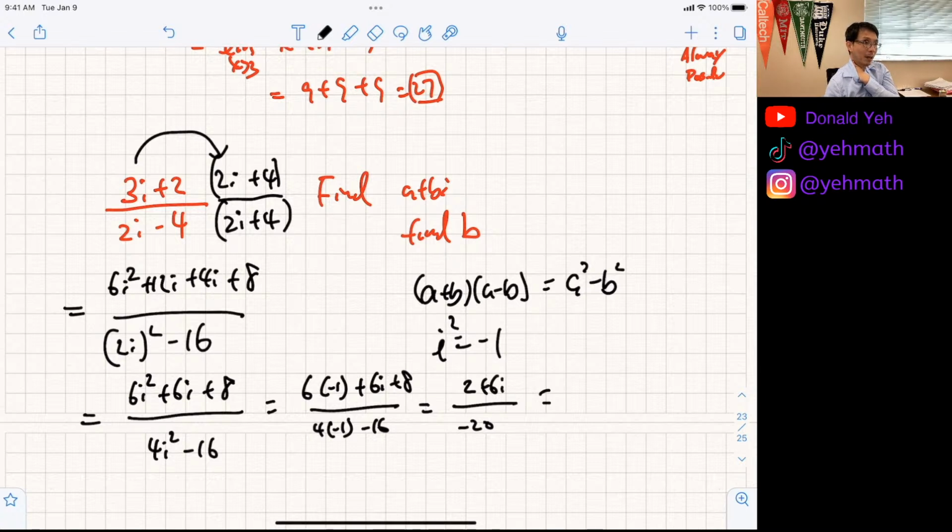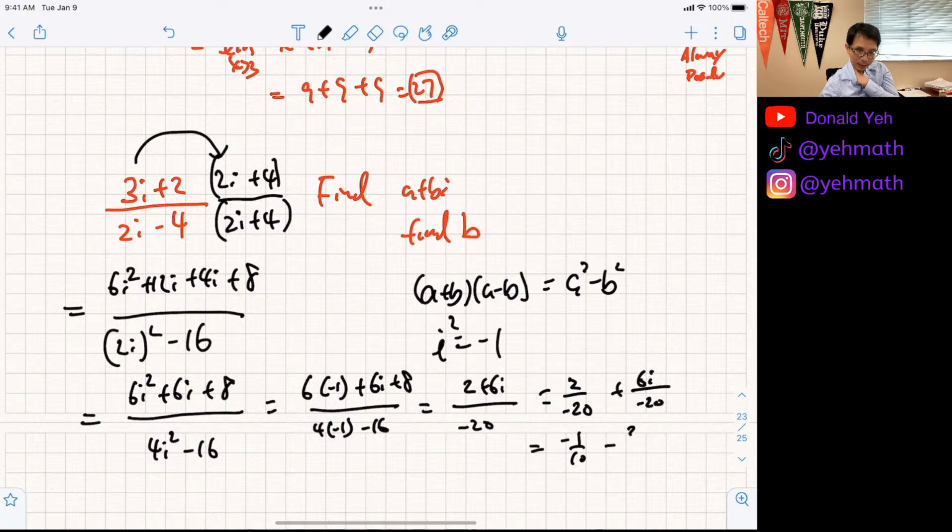Now, they say a plus bi form. That means you have to split. Remember, when the bottom is a monomial, you split them. And that's going to give you -1 over 10 minus 3 over 10i.